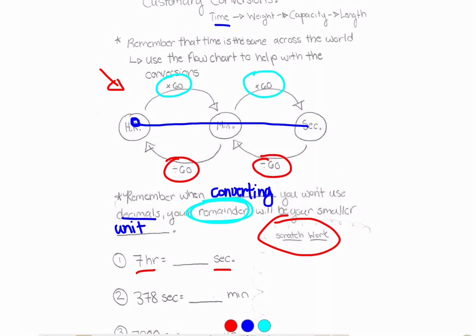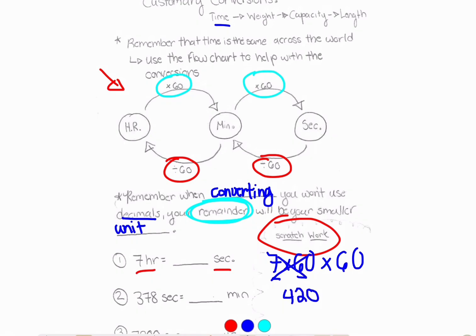So that means if I was to set up a problem, it would be 7, because that's how many hours we have, times 60 to see how many minutes are in 7 hours, and then times 60 again to figure out how many seconds are in those minutes. So in 7 hours, 7 times 6 is 42, add a 0. In 7 hours, there is 420 minutes.